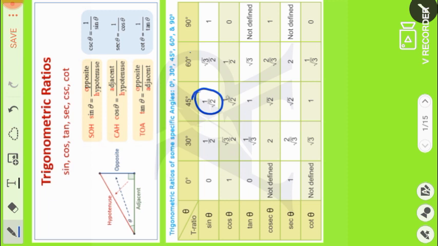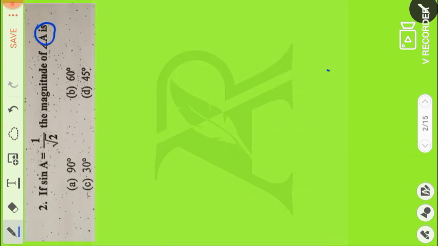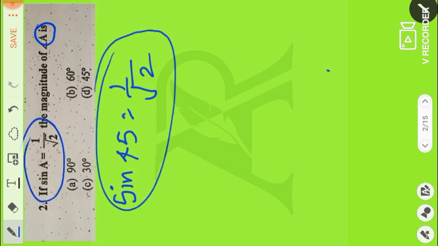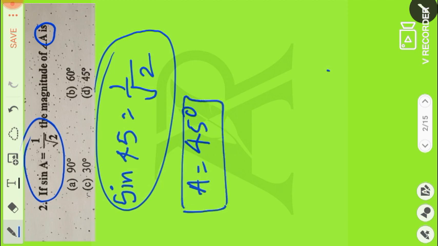We know that sin 45 degree is equal to 1 by root 2. By comparing sin A equals 1 by root 2 and sin 45 degree equals 1 by root 2, we can easily say that angle A should be equal to 45 degree. Therefore, option D is the correct answer.